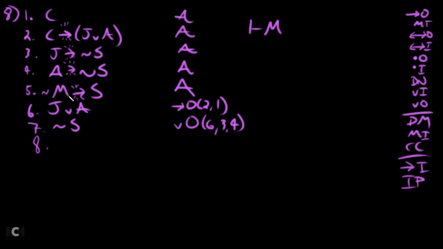You could say squiggle M, but when you're making deductions like this, you can also just say the contrary of squiggle M. I believe it's intuitive that the contrary of squiggle M is M. If you really wanted to, you could put squiggle M and then double negate it. But look, we've got that. Modus tollens, 5 and 7. Number 8 is done.